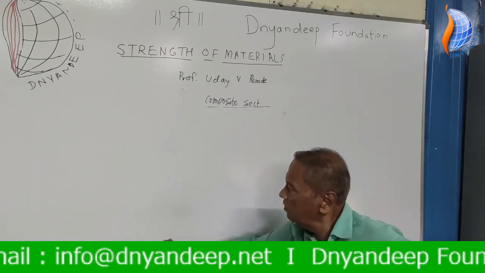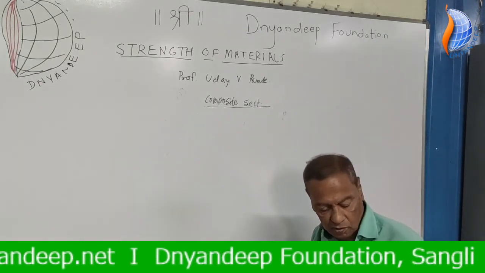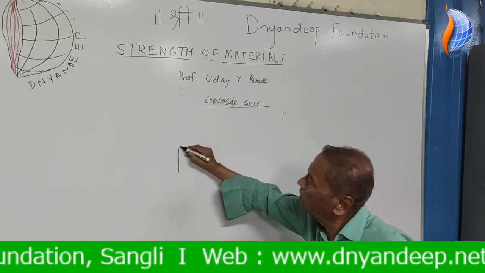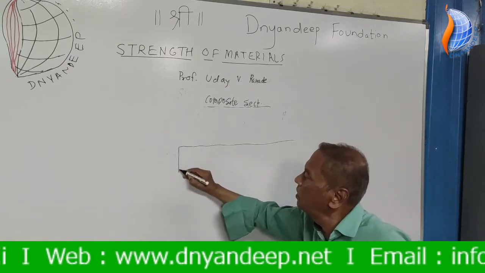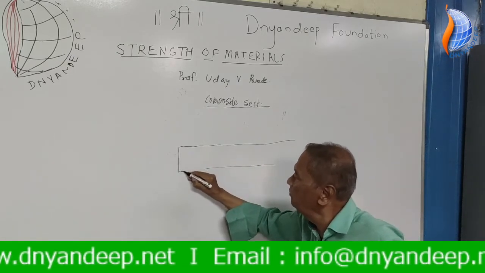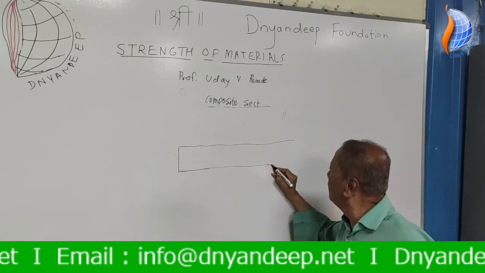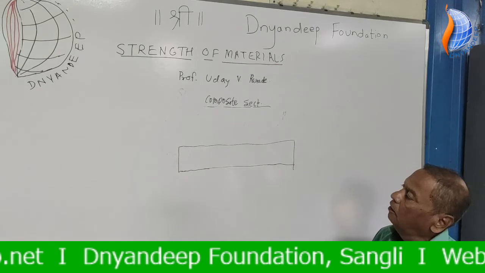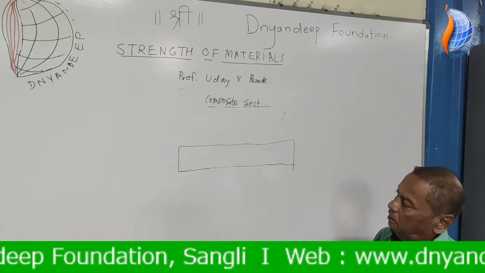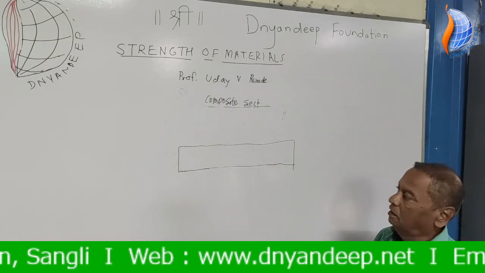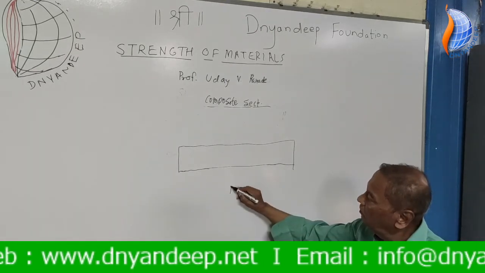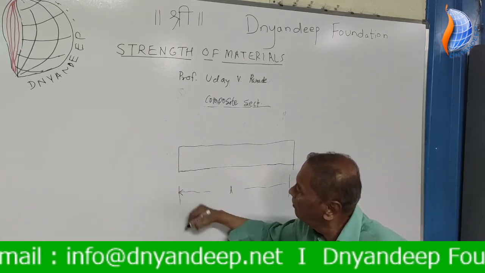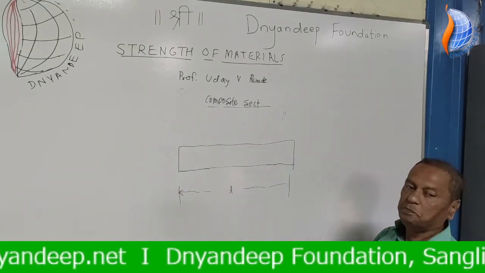Which is somewhat, I will not take actual numerical, but I will give you theory. Now here area of cross section is same, but the forces applied at different parts of the same length are different.